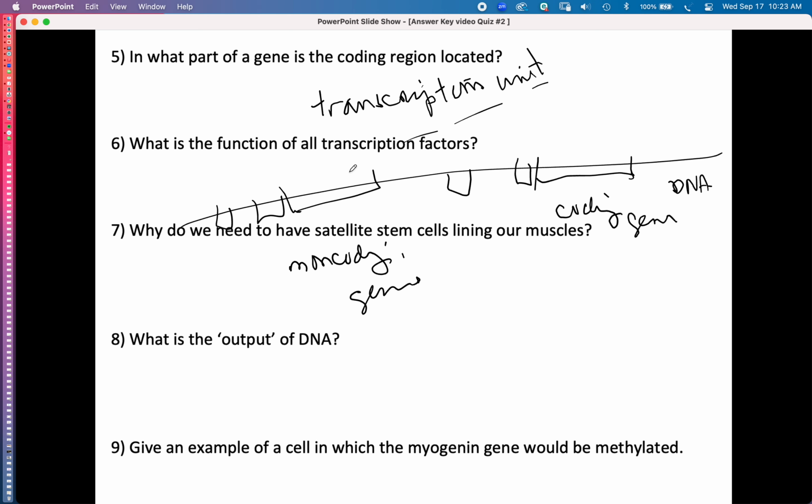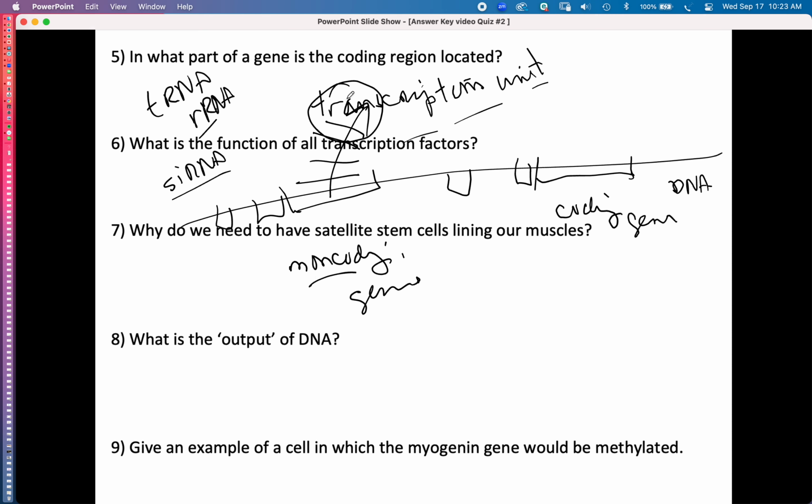Non-coding genes make RNAs that are the final functional product. They make RNAs like tRNA, ribosomal RNA, small interfering RNA, and so on and so forth. RNAs that do not code for a protein, they're non-coding genes. The functional output is the RNA.